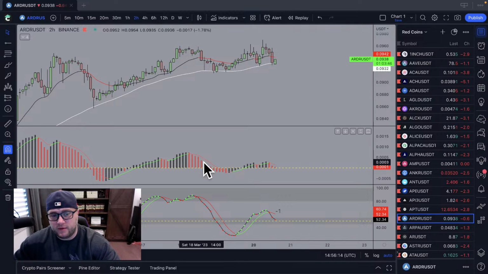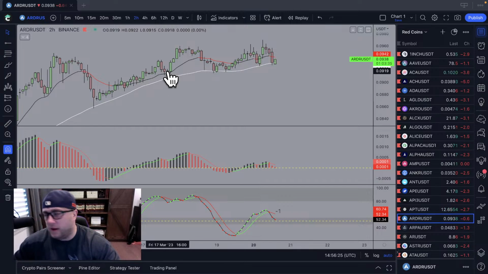Right here, we have a clear breakdown, huge candlestick, bam, down we went. So if you see a green candlestick above the moving averages, you got to be careful with that. You wouldn't want to take that position because that's a continuation pattern, not a reversal pattern. This right here is a reversal pattern, and that's exactly what you got.